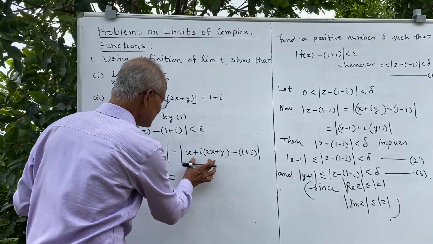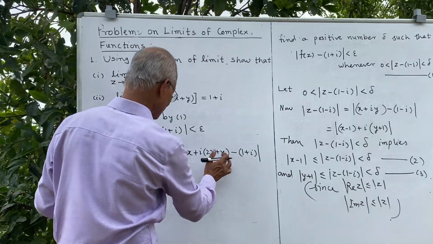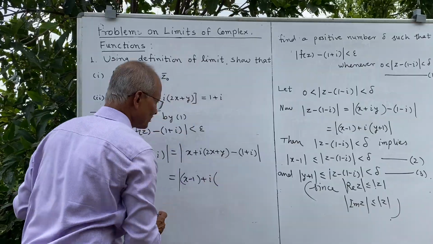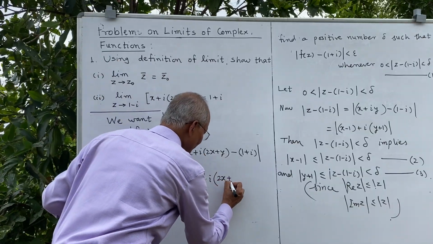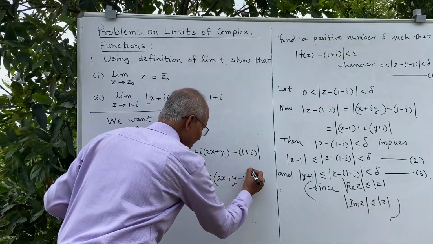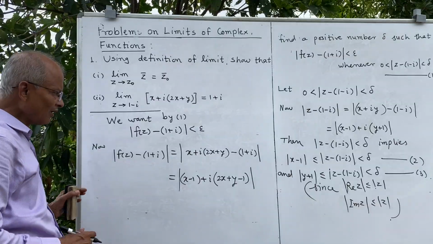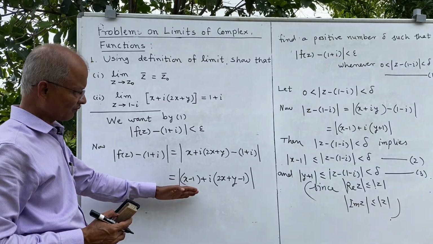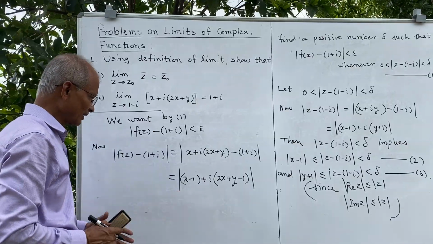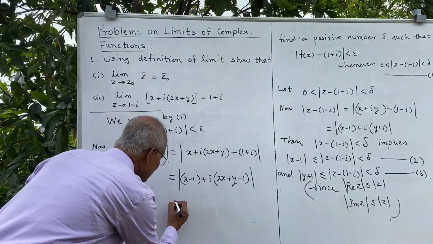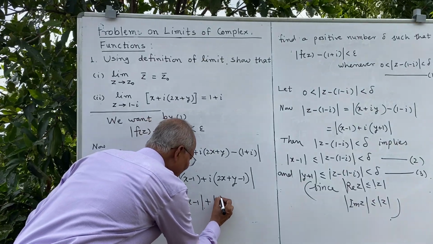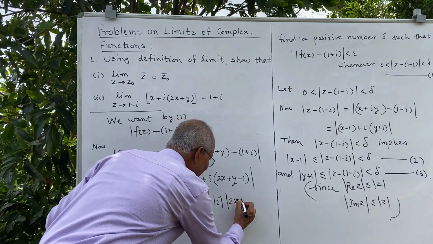So what will this be? This will be x minus 1 as the real part, plus I into bracket 2x plus y, and here I is minus I, and therefore here is minus 1. And we will now use the property of absolute value function, which is known as triangle inequality, and that can be written as, see here, this will be less than or equal to mod of x minus 1 plus mod I into mod of 2x plus y minus 1.